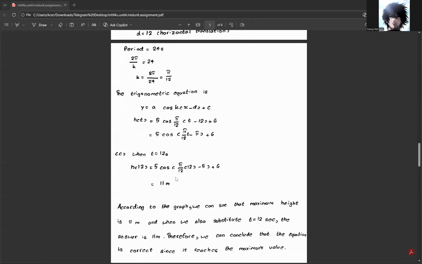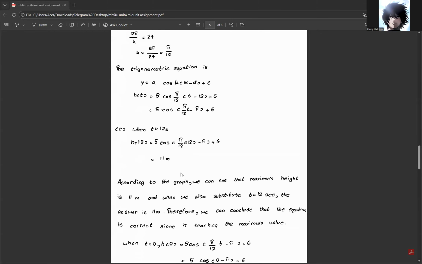To check if this is correct, I substitute t equals 12. 12 is half of 24, so the rider should be at the highest point. When I substitute 12 into the equation, I get 11 meters. This matches the actual maximum height because the lowest height is 1 meter and the diameter is 10 meters, so the highest height is 11 meters.